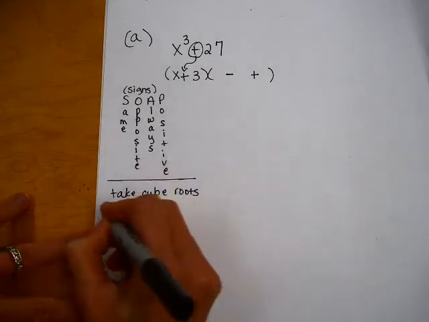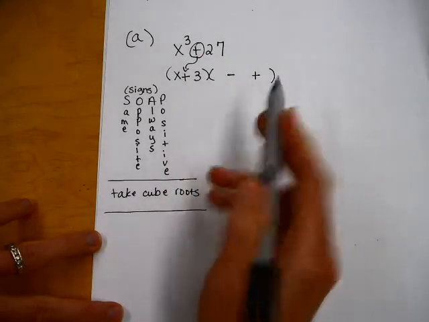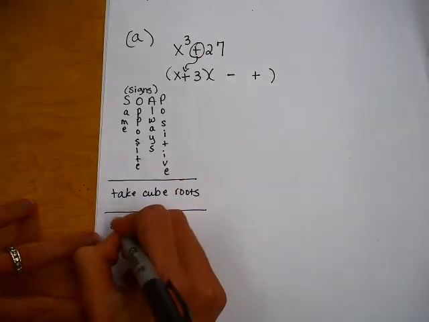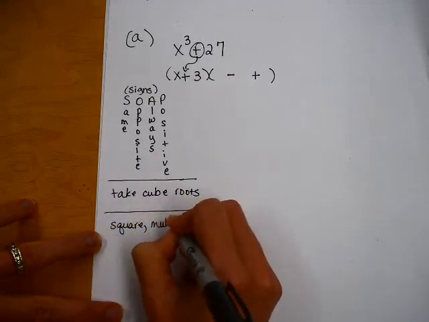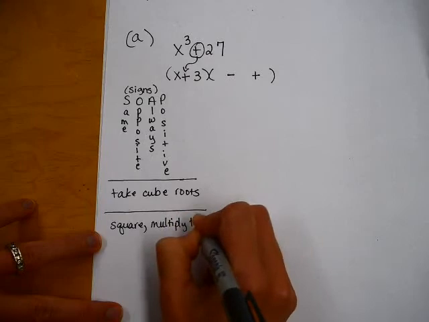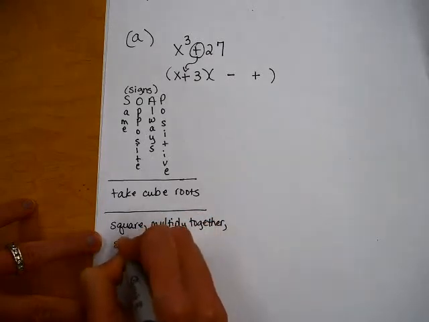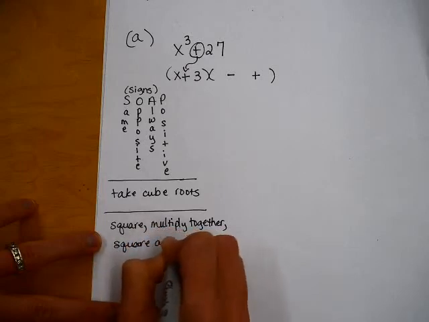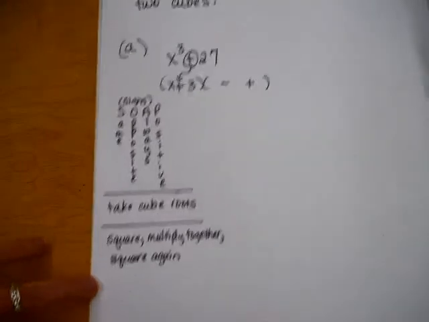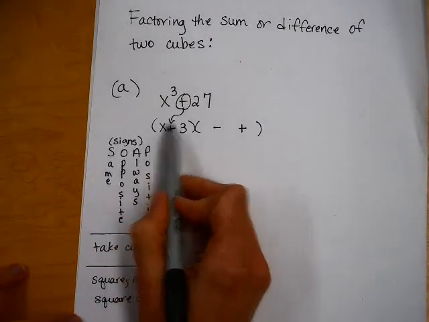Okay, so now, to fill in the trinomial part, we're going to square, multiply together, and square again, in that order. What do I mean? We're going to square the first term we have here in this parentheses, and put that here.